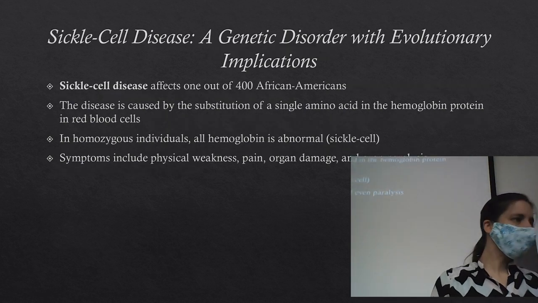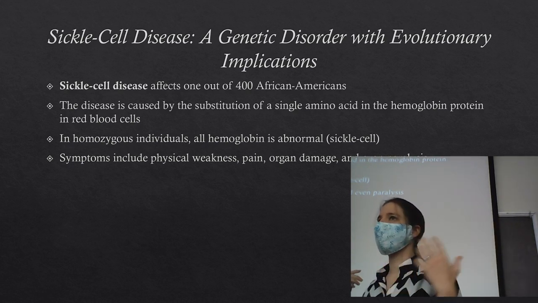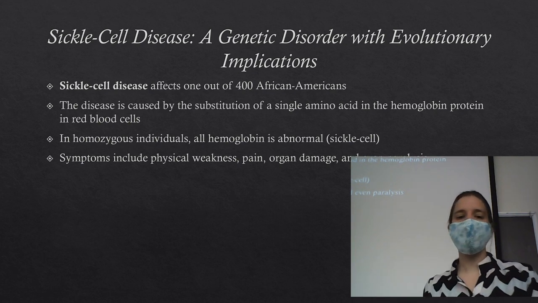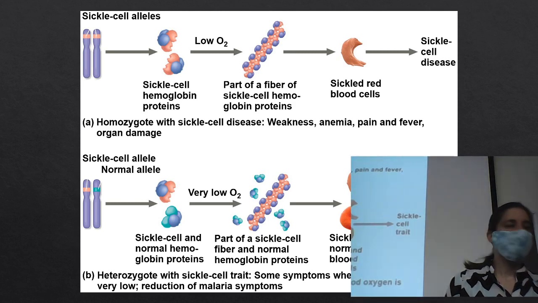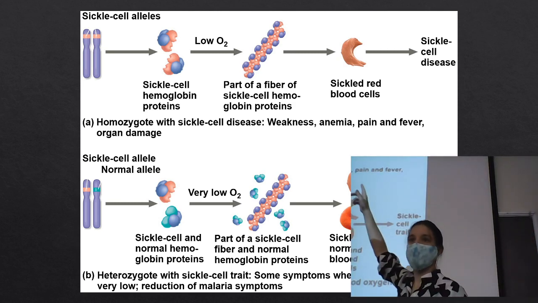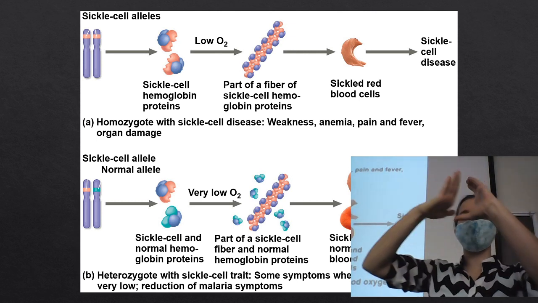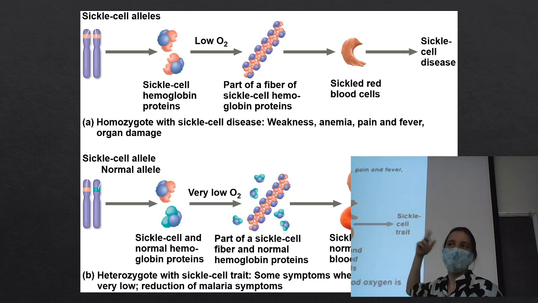For those of African descent, sickle cell disease is the most common one. It's actually more common. It's about 1 out of 400 who have it. And what happens is if you have the sickle cell alleles, you have blood that's curved, right? This means blood doesn't behave exactly normally.